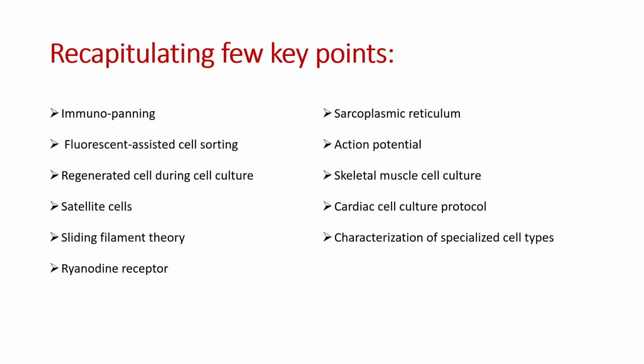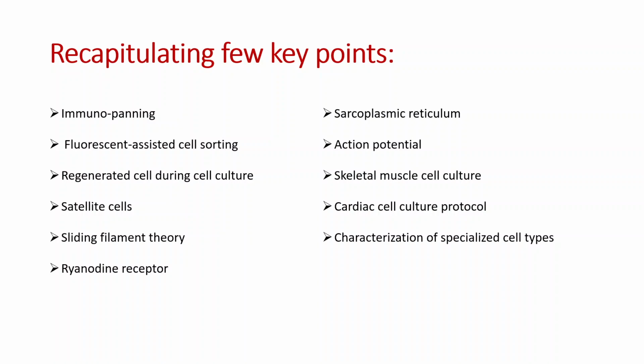So let's get started. Before we move on to discussing the assignment questions, let's quickly have an overview of what we have learned so far. In continuation with our previous video lectures, where we were discussing the different techniques used to separate cells of interest from a heterogeneous mix of cells, we had discussed three main techniques.